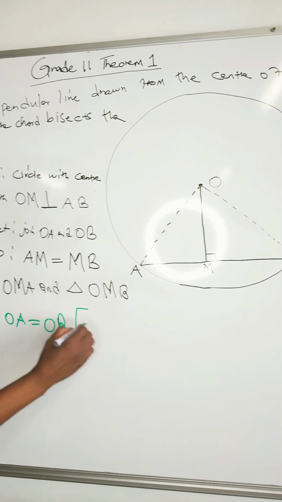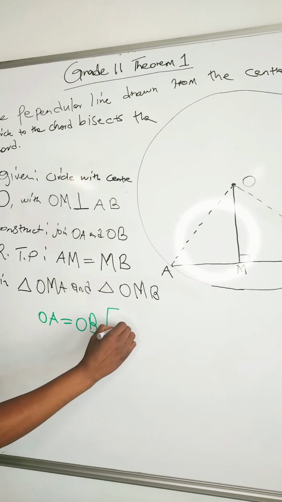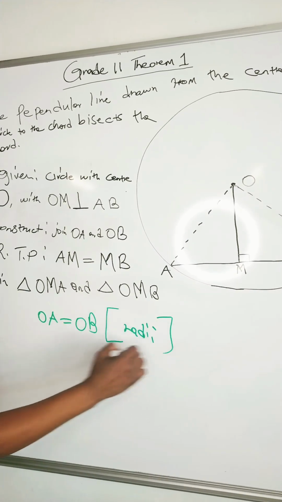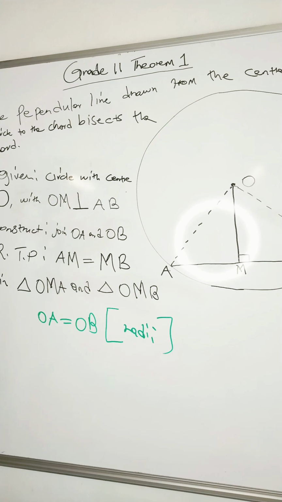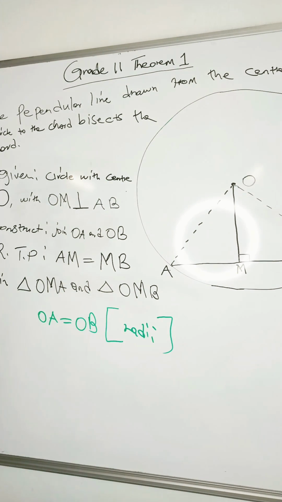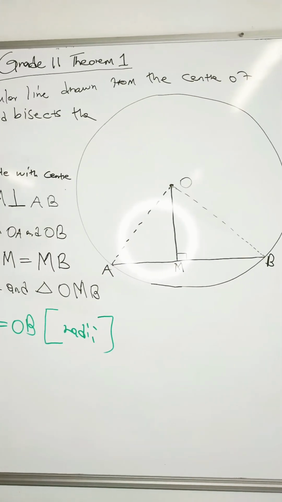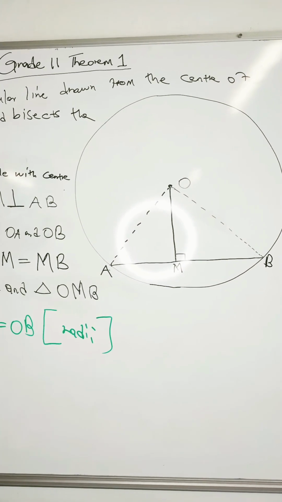So the reason here is called what? Radii. Myself I call them radii, others call them radii. Meaning that it's a plural for radius. One radius, but many radii.